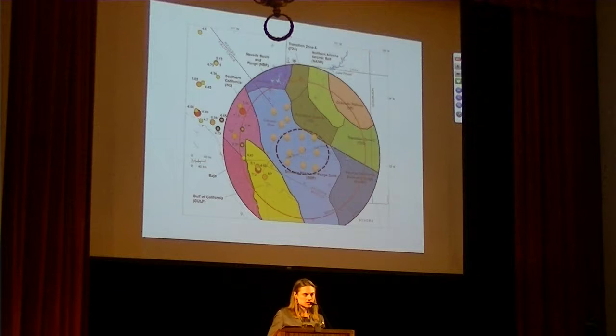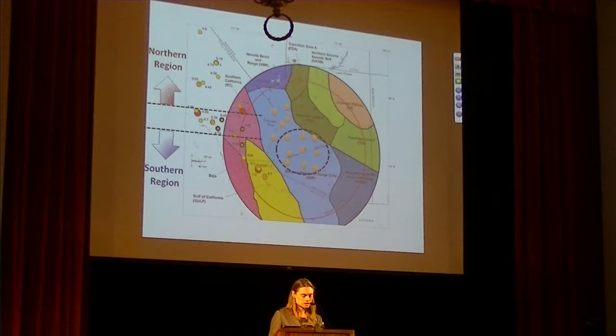So these 9 stations are the stations she focused on here. And then Palo Verde is right here, kind of behind this middle station. So there's the northern region that she chose, and this is the southern region, and the region in between was kind of the transition zone.